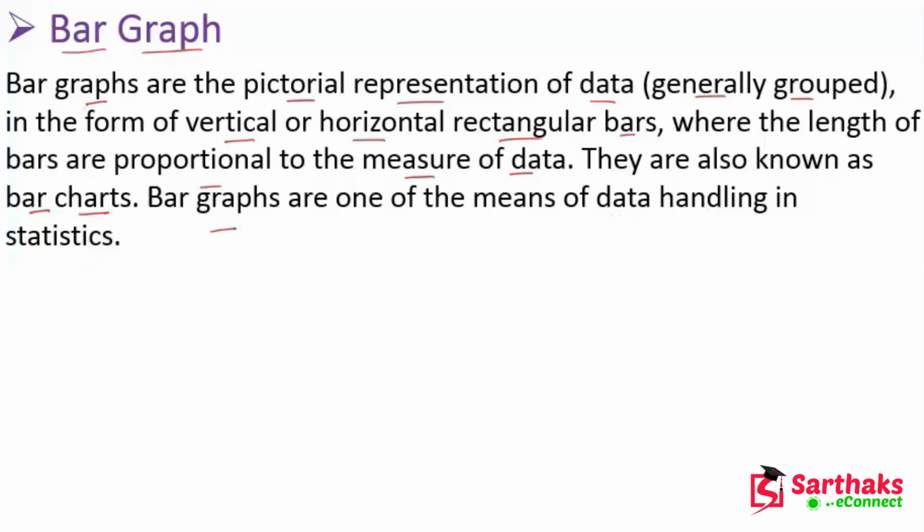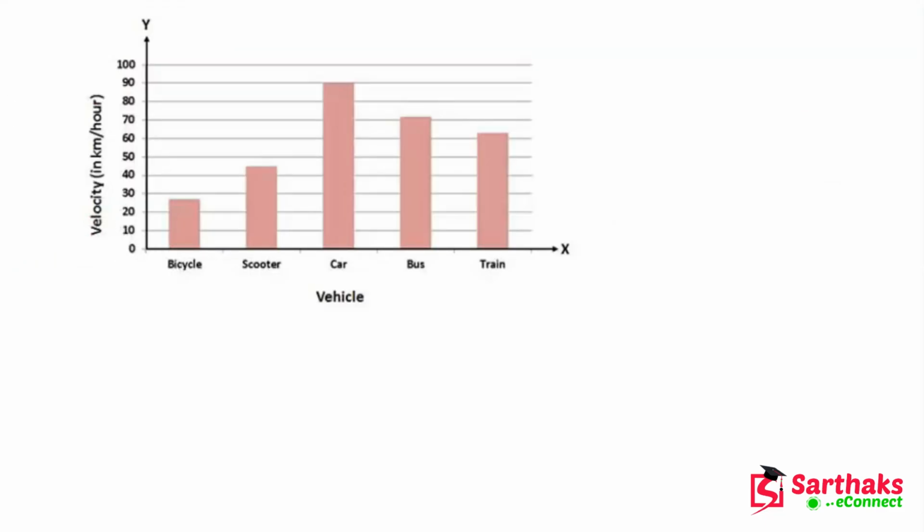Here you can see the bar graph. This is the pictorial representation between vehicles and velocity. Bar graphs are drawn with uniform width. Here you can see this width is uniform.